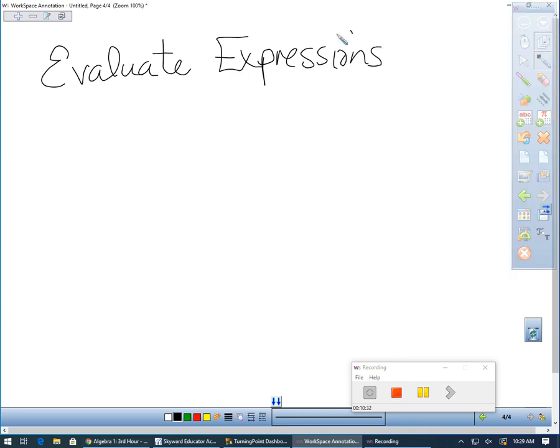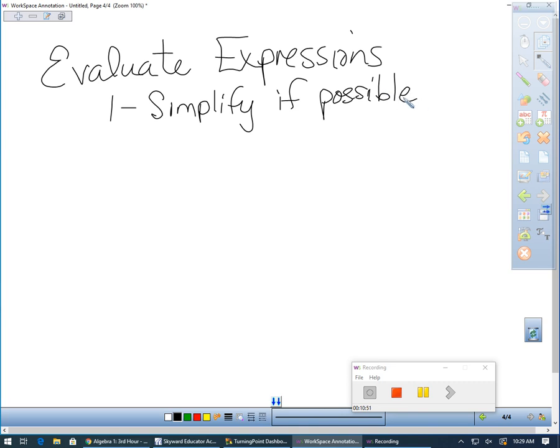All right, when we evaluate an expression, okay, the first thing you want to do is simplify the expression if you can. Okay, so first we want to simplify it. 2, you're going to substitute or plug in the values for the variables.